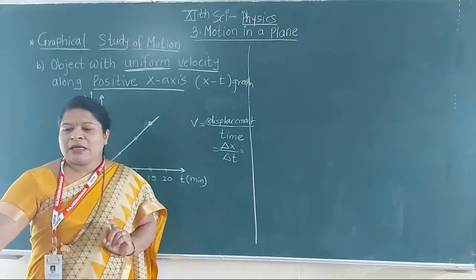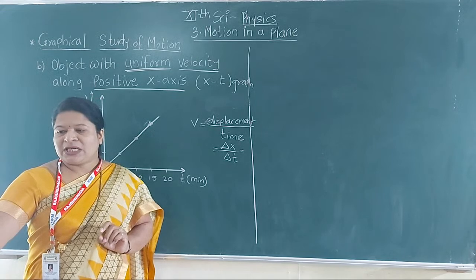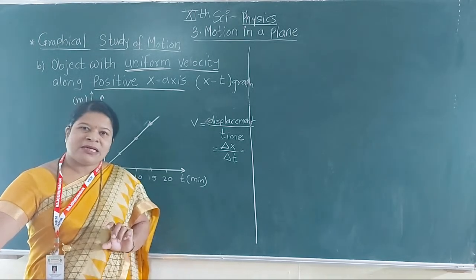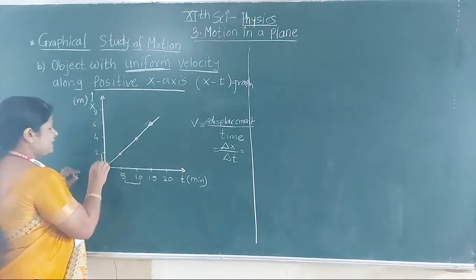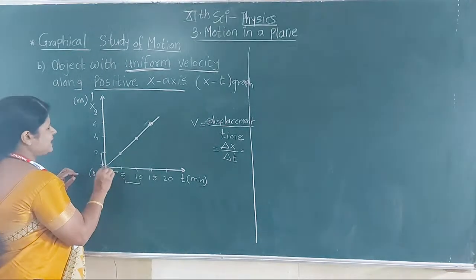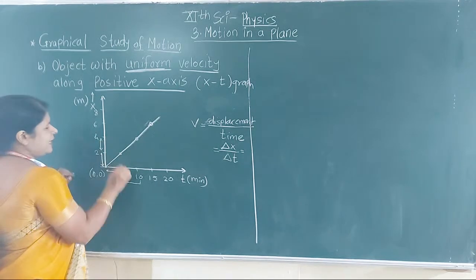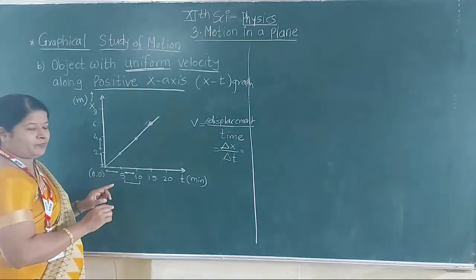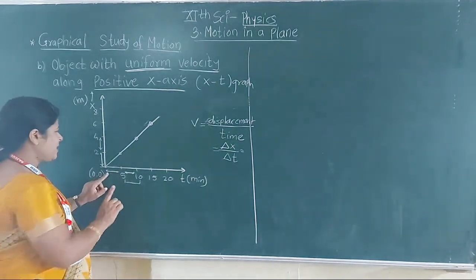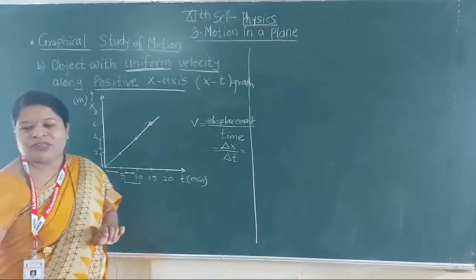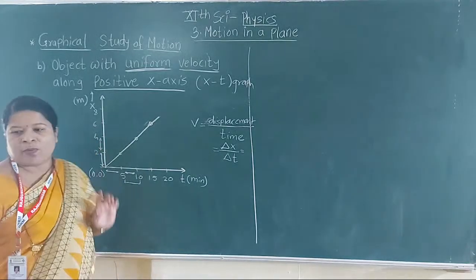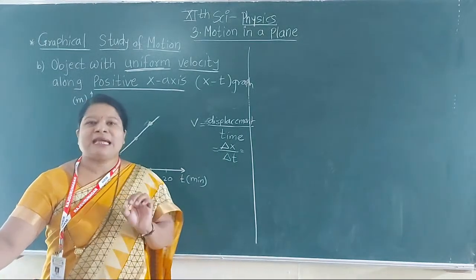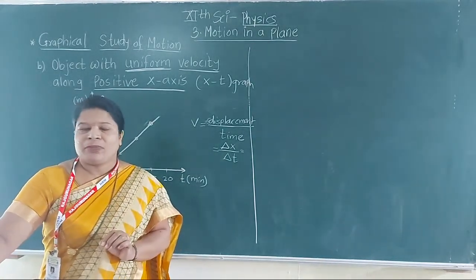Second point, equal change in position in equal intervals of time. For example, if this is 2 meter in 5 minutes, then the next 2 meter in 5 minutes. This point is important. There is equal change in position of the object in equal intervals of time.